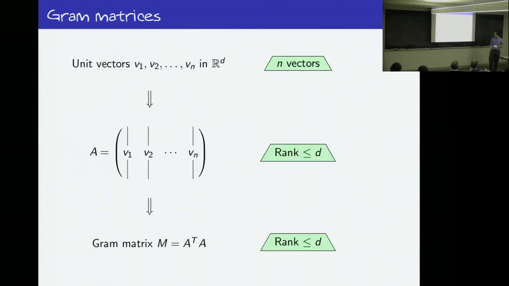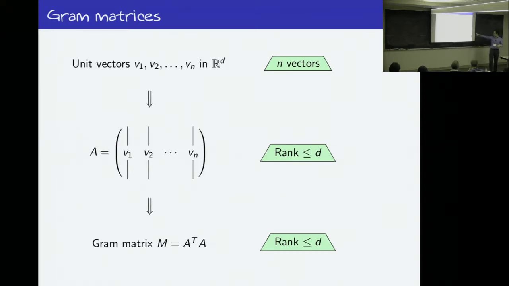Let's just look at that. So we have n vectors. We can describe the Gram matrix in the following way. We make a matrix whose columns are these unit vectors, and then the Gram matrix is just the matrix of the inner products. So you just take this matrix, transpose it, and multiply it by what we started with. That's the matrix of inner products.